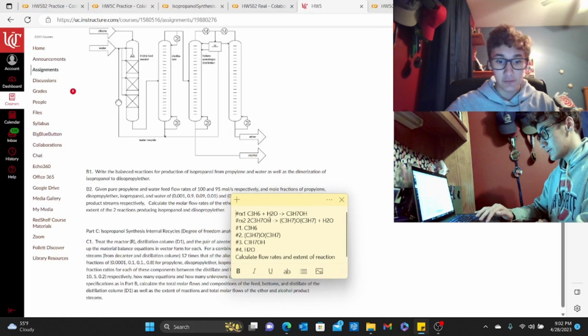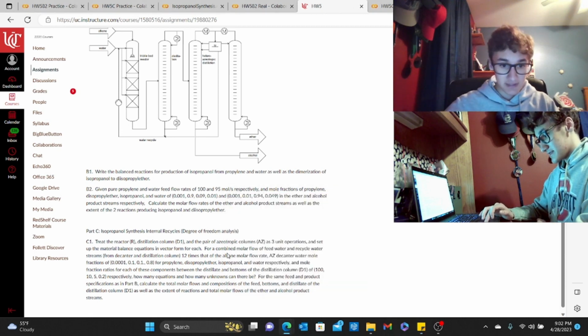You can see we use water in one of the reactions, and in the other reaction to make the ether, water is actually produced. And so what it's saying is that the combined water rate from the decanter and distillation columns is 12 times that of the alkene molar flow rate, which is given from above.